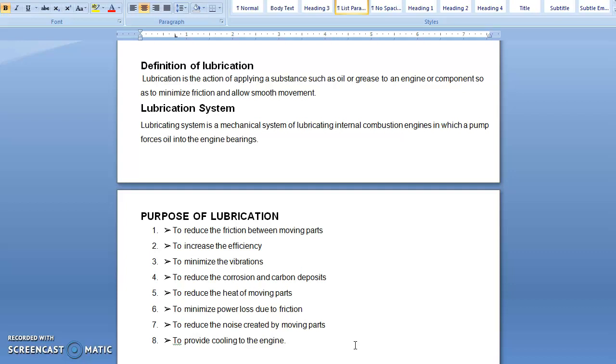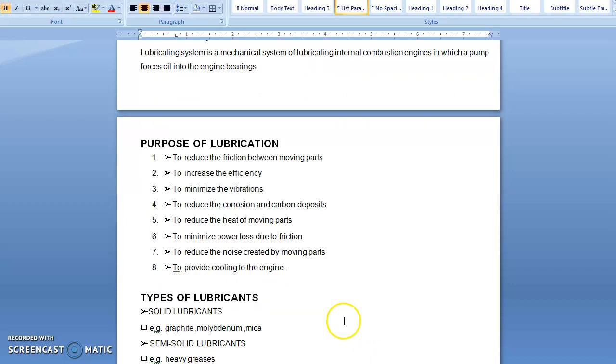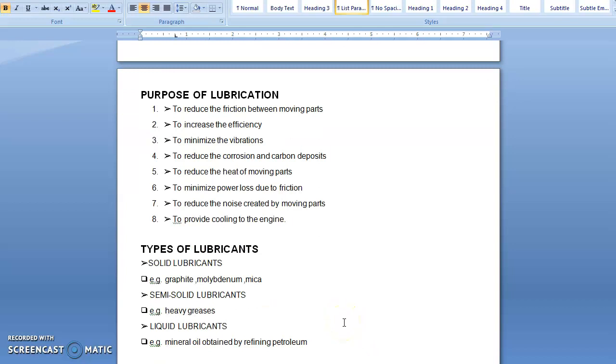Number six, to minimize power loss during friction. Number seven, to reduce the noise created by moving parts, and the last is to provide cooling to the engines. So these are the eight purposes we are using for the lubricating system.